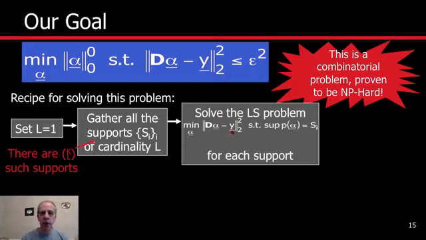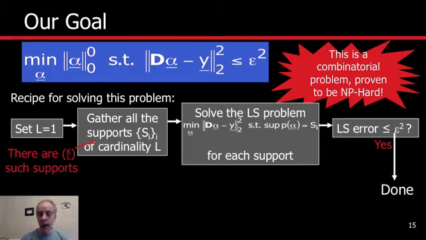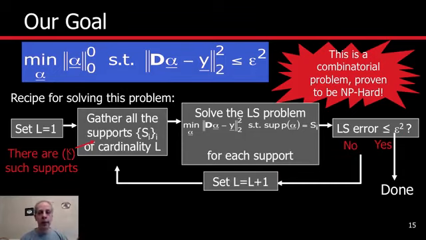Many ways to solve it, but the basic idea is that we project the signal onto the atom that we have just selected. We try each one of those, and we see what the error is. If the error is less than what we want, then we're done. We pick the alpha that produced that small error. Now, if the error is not small enough, then we increase the support.